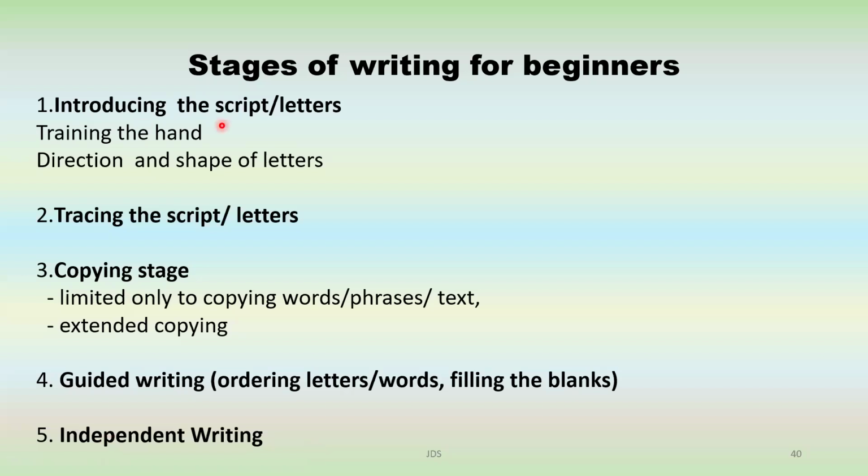Introducing the script, right? For small children, first of all, we need to make them identify the script or the letters. There are certain letters that are more or less alike, not from an adult's point of view, but from a child's point of view.